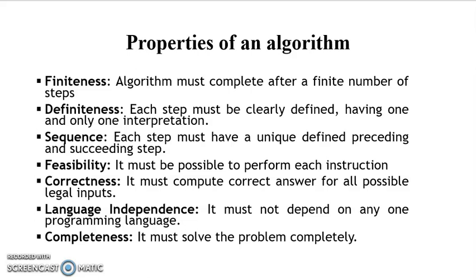The other property is correctness. The algorithms must be correct for all of the legal inputs. That's already obvious. For example, when we deal with calculating the summation of three numbers, the algorithm must compute the summation in a correct manner. It must not work for some data but not for other data.